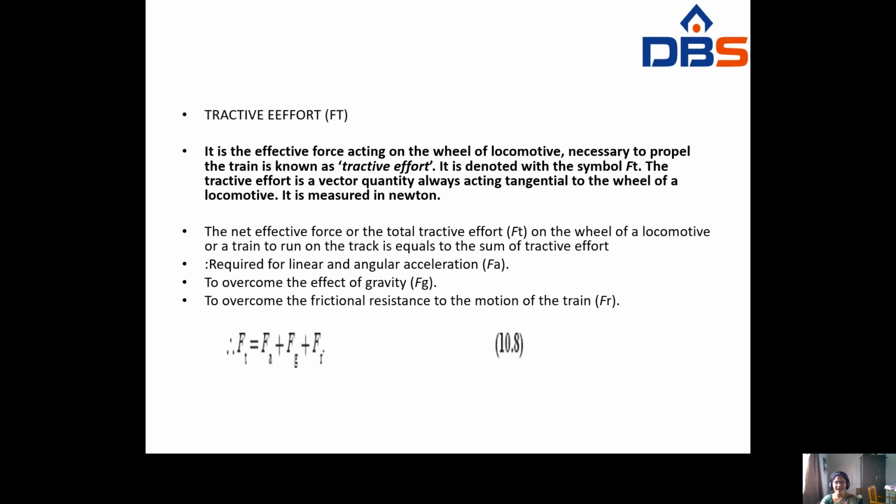The forces acting on the train are Fa, for angular acceleration; Fg, to overcome the effect of gravity; and Fr, to overcome the frictional resistance to the motion of the train. So the tractive effort is Ft equal to Fa plus Fg plus Fr.